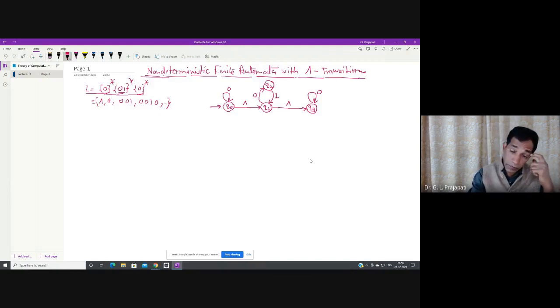This is the case where you can say that the machine is going to make a guess. Whenever the machine is at the state Q0, it has to think whether it should consume the input or not, so the machine has to make a choice. From the state Q1 also, since you have given the null transition here, the machine has the choice whether it should read the input or not.